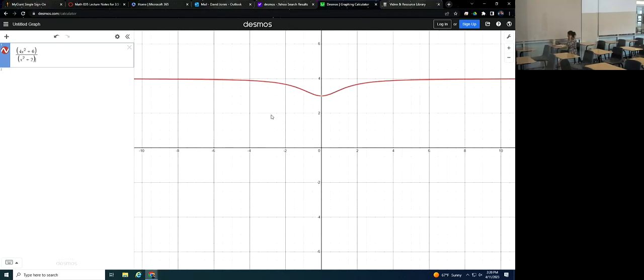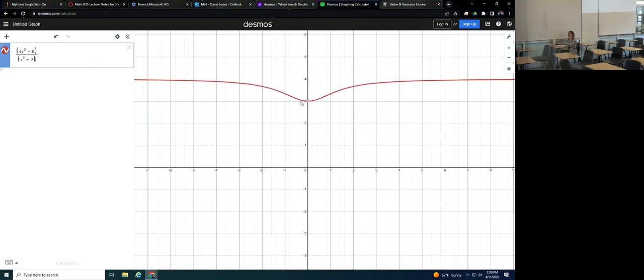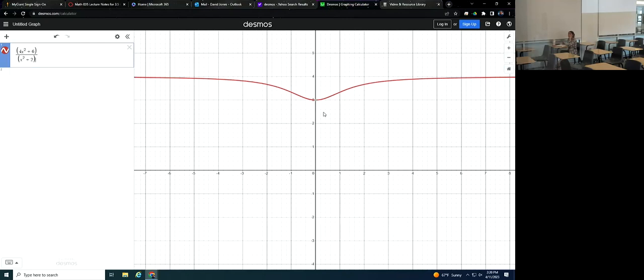Look at that. It is doing that. It comes in from the left, dips down to 3, and then goes right back up to 4. That's a crazy little graph. So in that problem, there's only a horizontal asymptote.